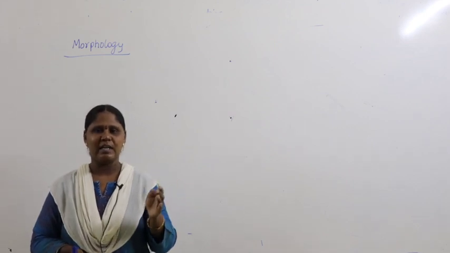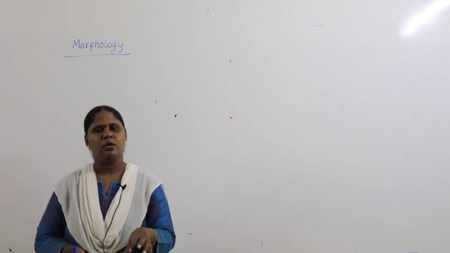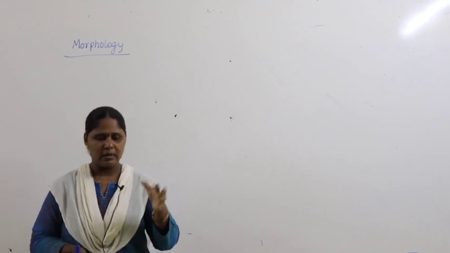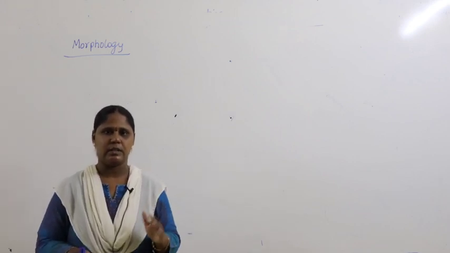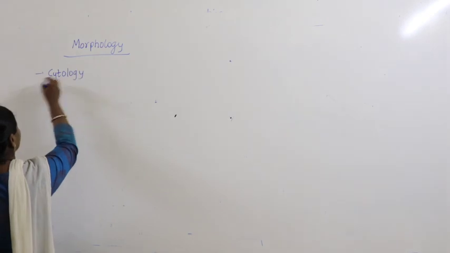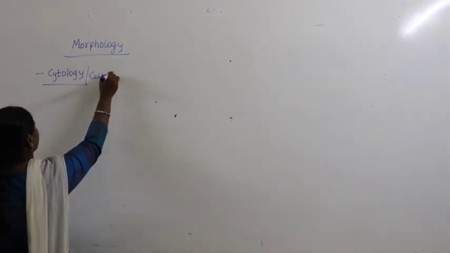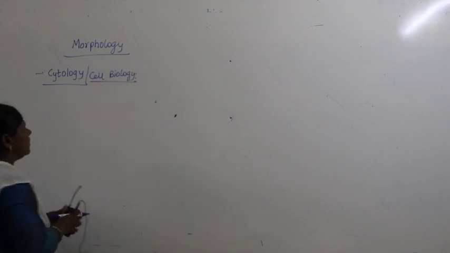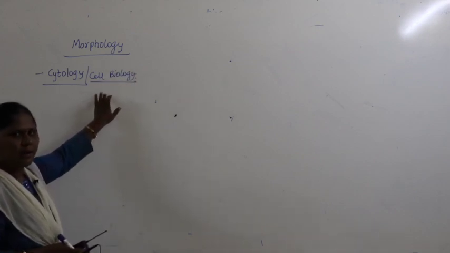When you have the clear basics of the structural differences, that is what we are going to discuss in detail in the branch called cytology. Cytology itself is called cell biology.